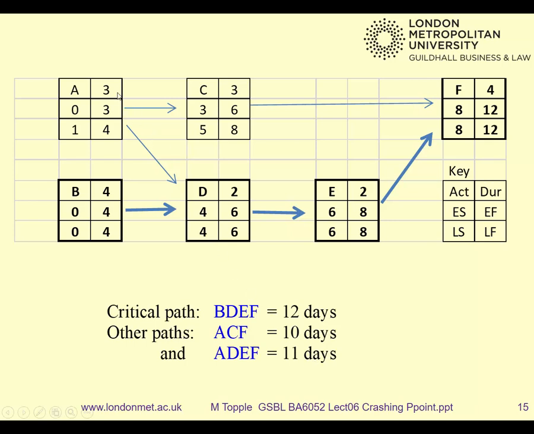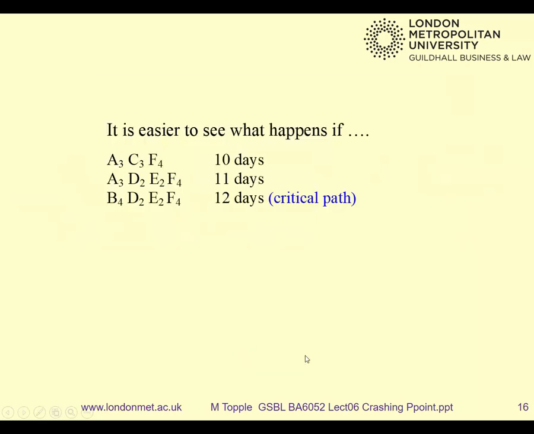Well, if you go A is 3, D is 2, that's 5, and E is 2 is 7, and F is 4 is 11. So just by adding up the durations, you get these figures here, and you can therefore see why this is the critical path, because it takes longer than any other path. I'm going to represent that slightly differently, because it's going to be easier to keep track of what happens next.